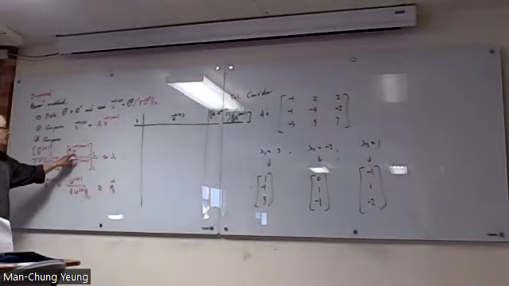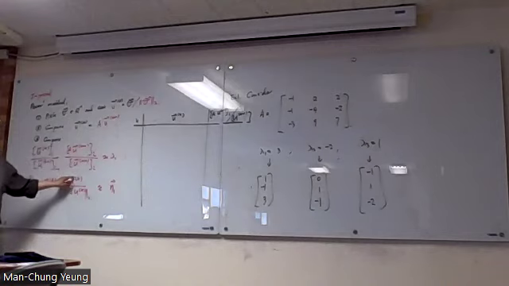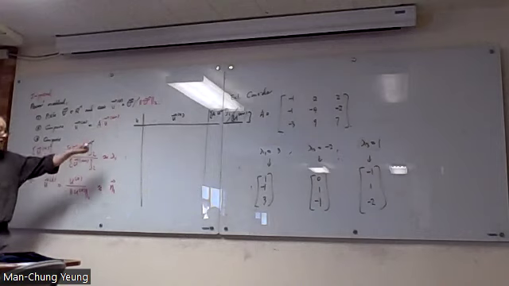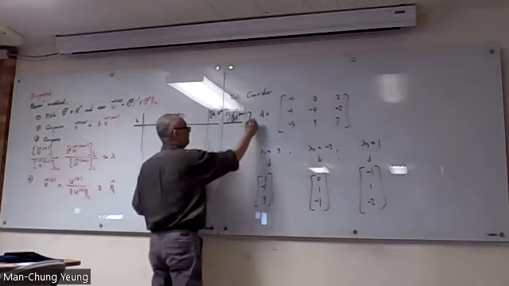Here, A times u_{k-1} over u_{k-1}, first entry.